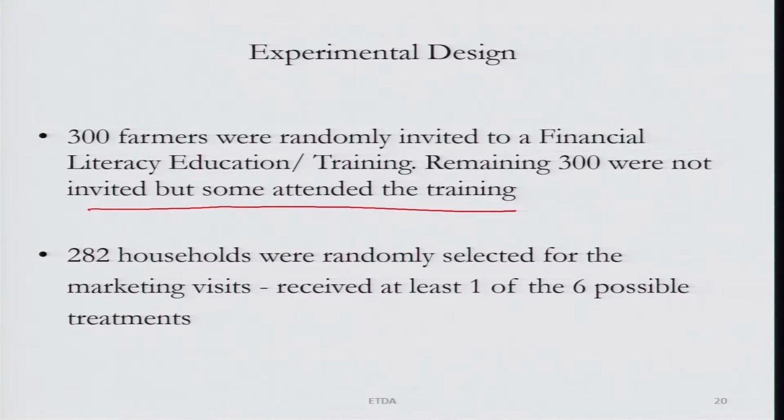In this particular experiment, there were 300 people who were placed in the control group, that is not invited to the financial literacy training, but some of them in the control group still attended the financial literacy training finally.